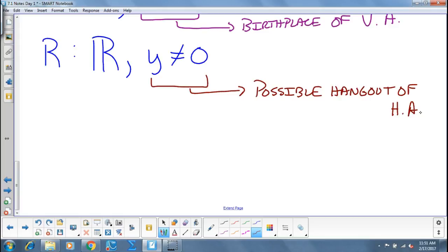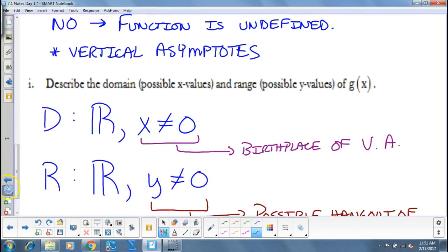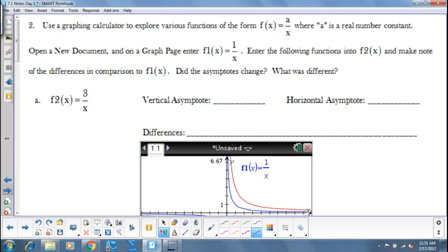But they're kind of reclusive. Sometimes they show up and sometimes they don't, because it can cross over, and you get that from your graph. At the bottom of that page 3, we already talked about vertical asymptotes and horizontal asymptotes, so I'm not even going to go into that. So, let's go on to page 4.